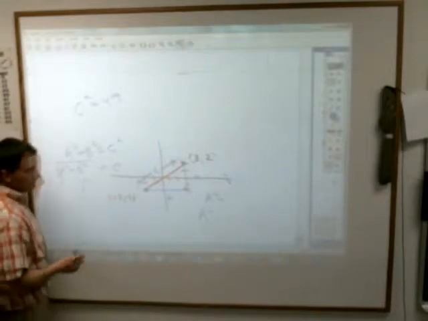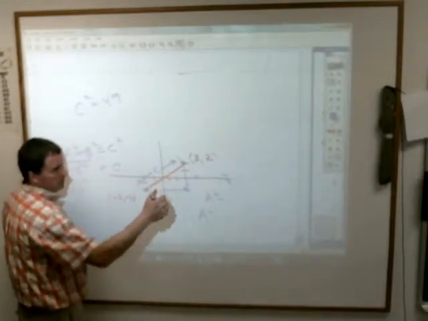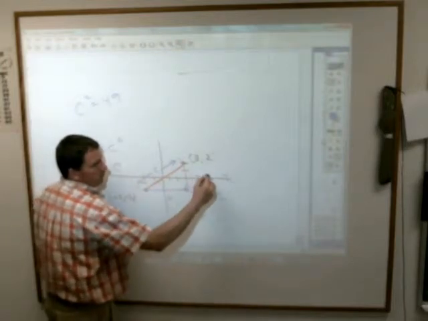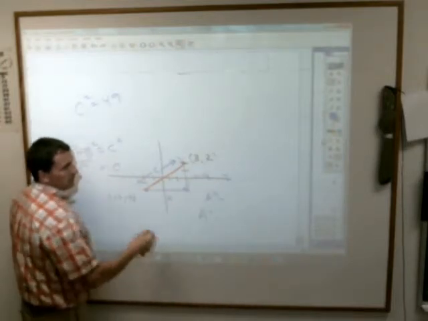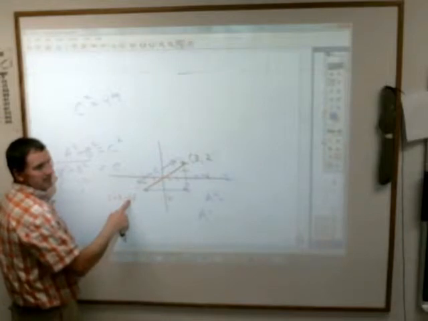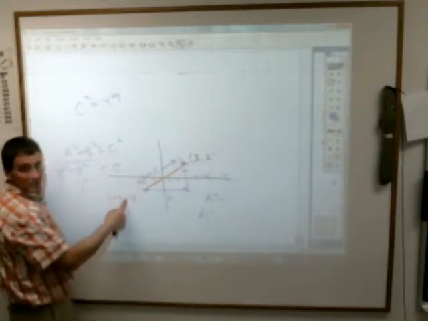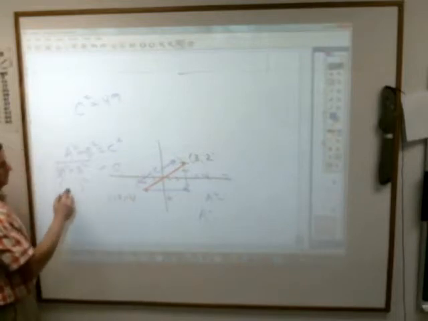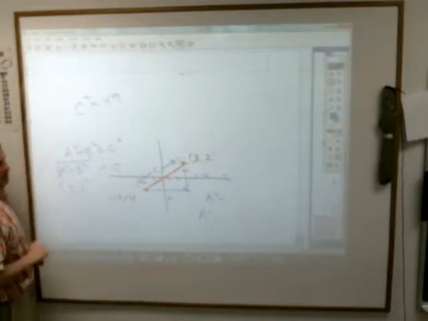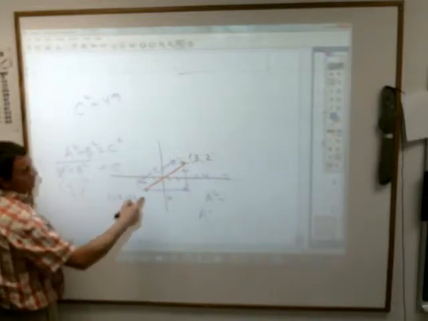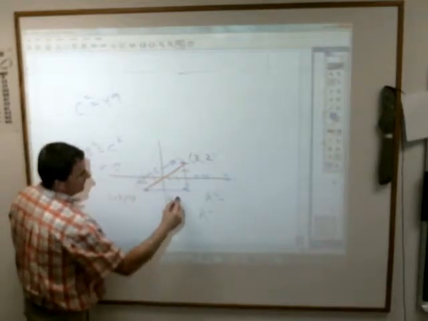Now, let me show you where the number comes from. We figured out this is 4, right? If you take the 2 y's and subtract them, 2 minus a negative 2 is actually 2 plus 2. That's where the 4 comes from. And the same thing for the b's. I know my b is 1, 2, 3, 4, 5.